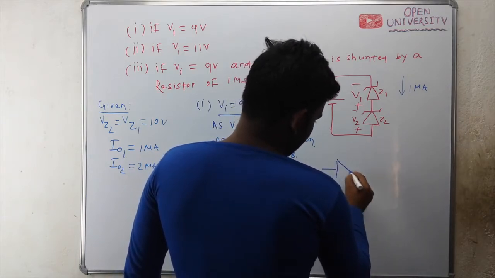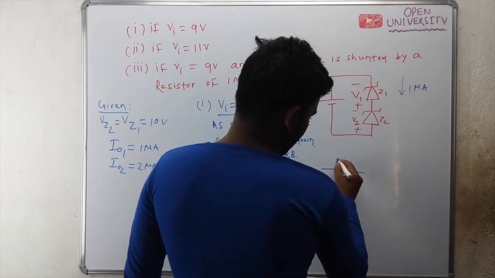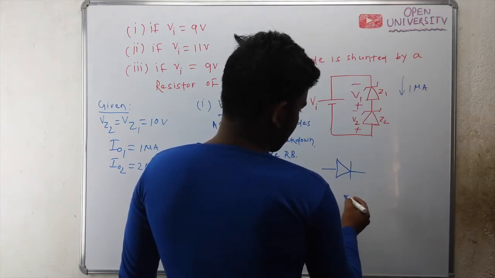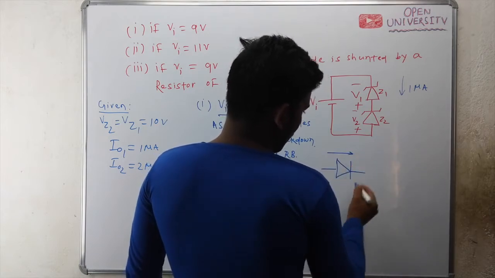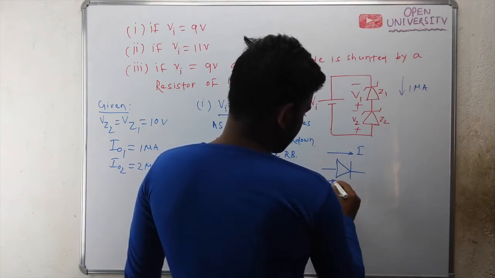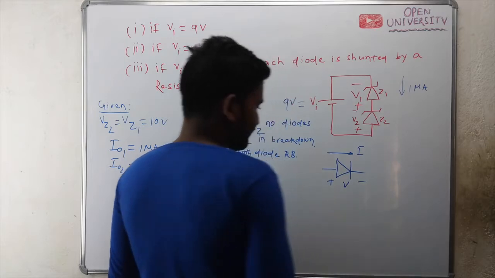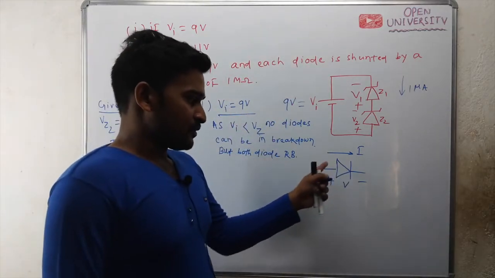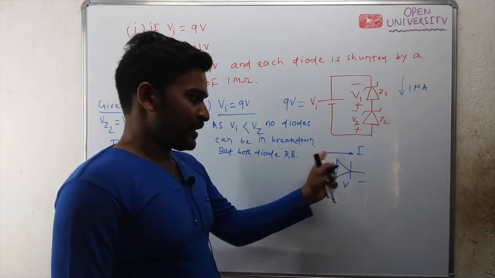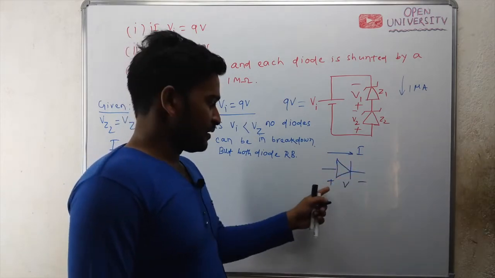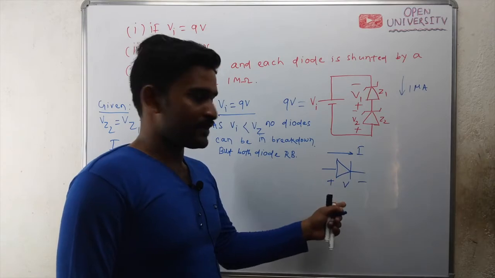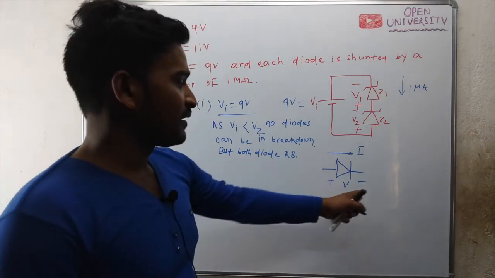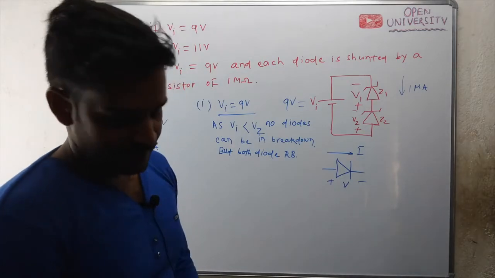This is your normal diode, and if this is the forward current I and this is the forward voltage V, we denote it this way. The direction of forward current is in this direction, and the voltage across this forward bias diode is V, with positive sign towards this side and negative sign towards this side.